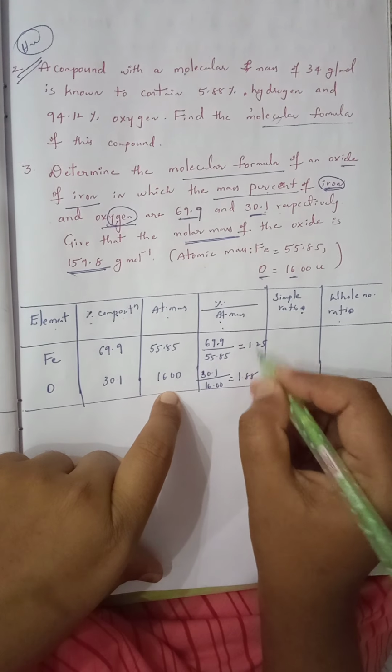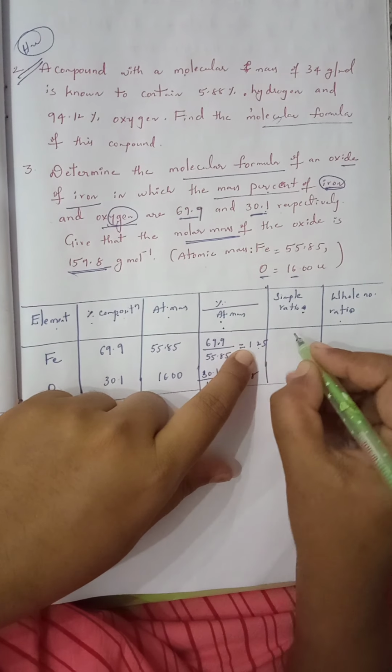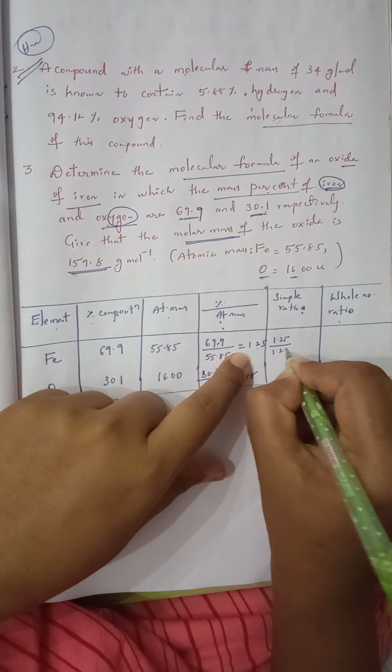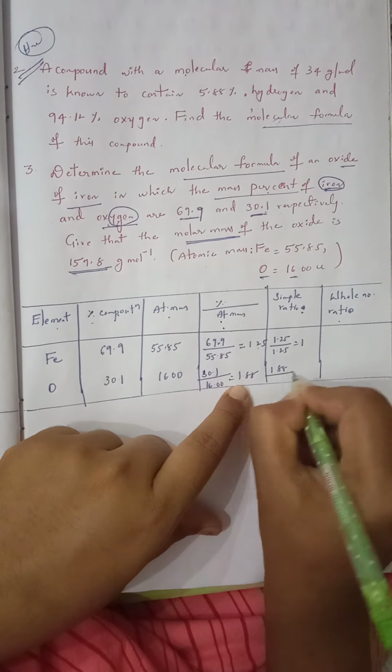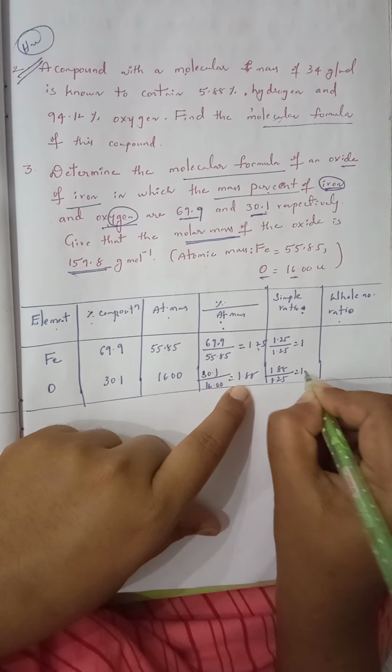Now among these two, which is the smallest? 1.25. Divide both values by this smallest number. 1.25 divided by 1.25 equals 1. Dividing 1.88 by 1.25, you will get 1.5.